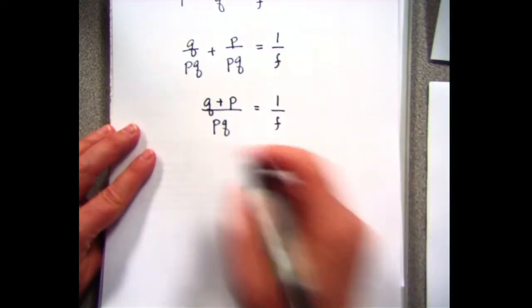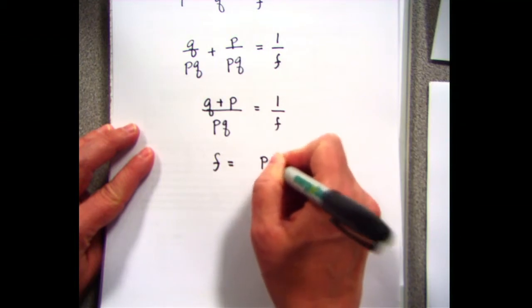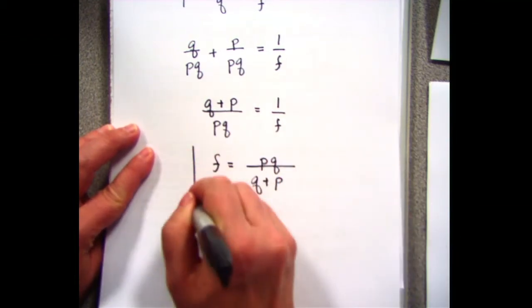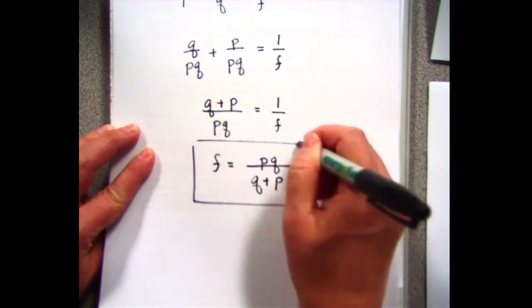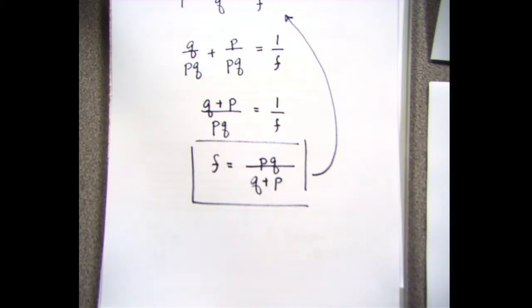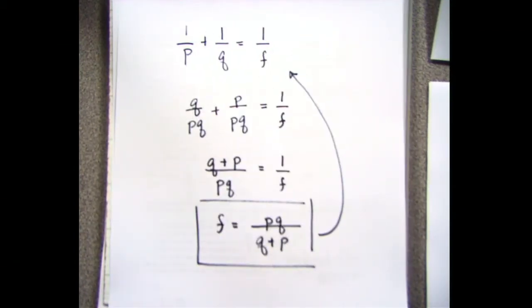Now if I want just F, I flip everything over and I get F is equal to PQ over Q plus P. A lot of books you'll see this equation versus that equation. Let me get that all in one screenshot.